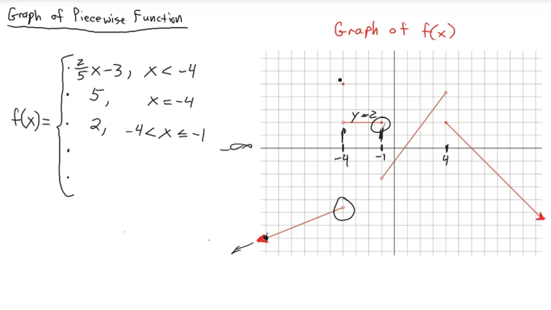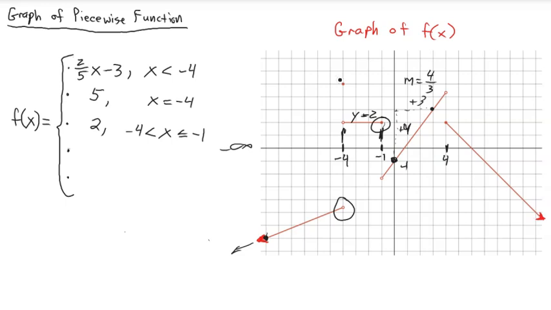Once we get to negative 1, we are on to this graph. Now this graph right here looks like it has a slope. Let's see, it goes up to this point right here, so it's going up 4 and over 3. So it has a slope of 4 over 3, and it has a y-intercept of negative 1.